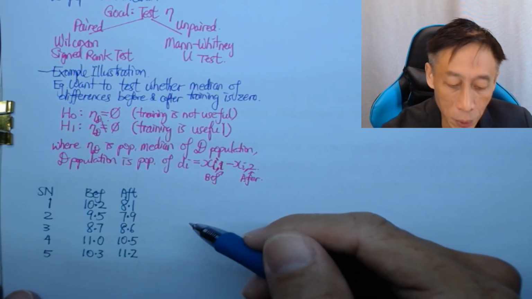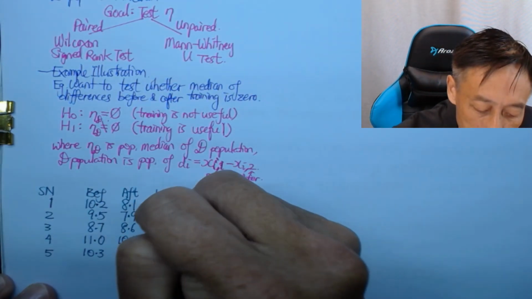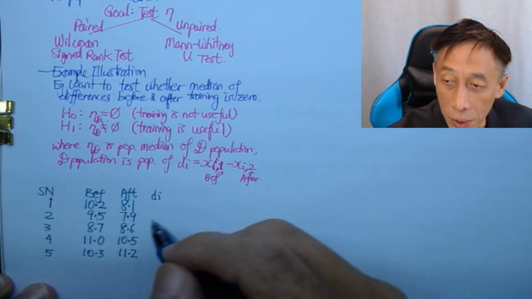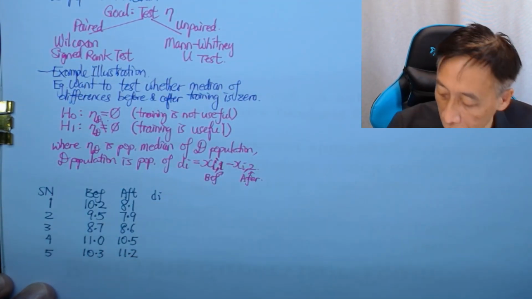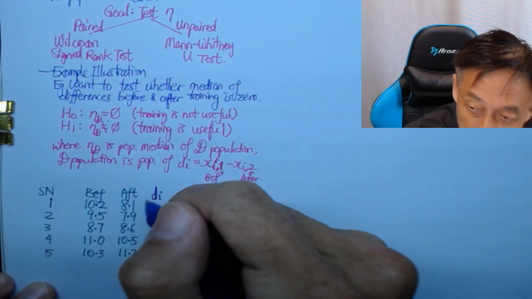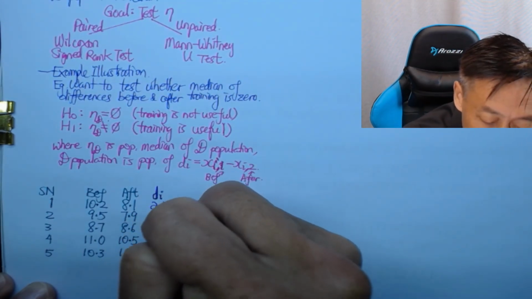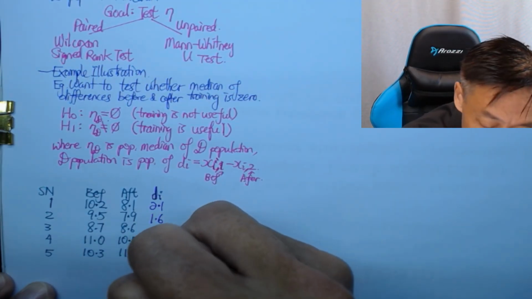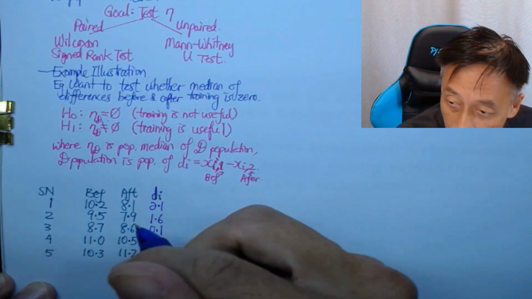Okay, so what we want to do is to first compute the Di, right? So the Dis we subtract and we obtain, so these are our calculations. So we obtained 2.1, 1.6. Please check my calculation.